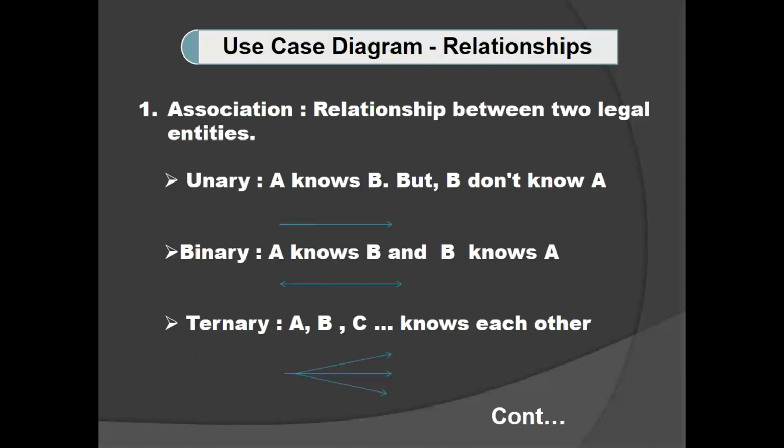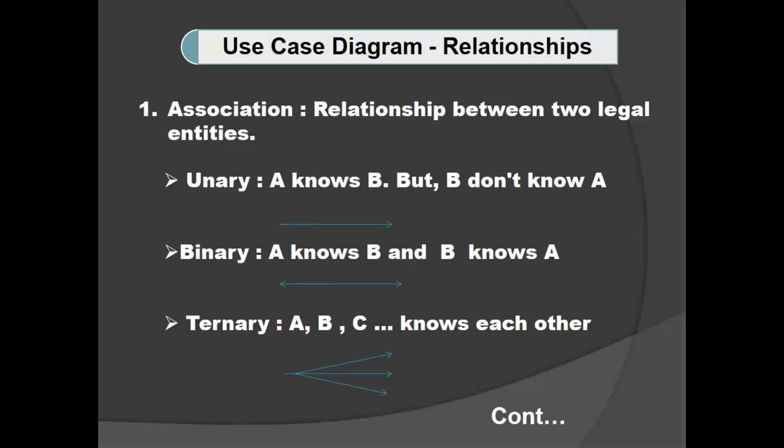Okay, so on that particular day when you report, your manager will come to know, okay, she is the person who is going to work under me. And you will come to know, okay, he is my manager, so I have to report to him. So here it forms an association relationship, an unknown relationship.